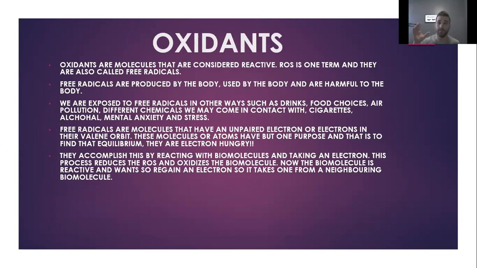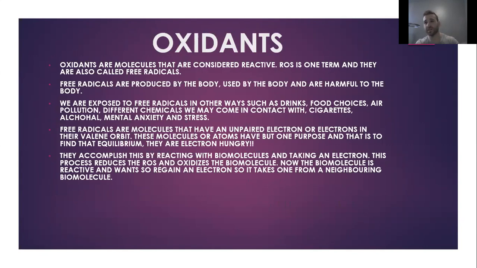Okay, so the free radical will be reduced. It's going to gain an electron. The biomolecule of your cell becomes oxidized. Okay. Now the biomolecule is reactive and wants to regain an electron, so it takes one from a neighboring biomolecule.